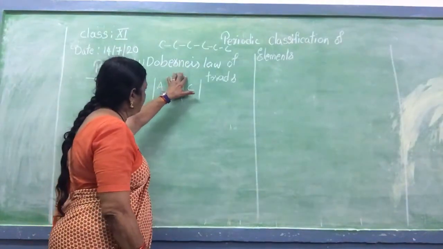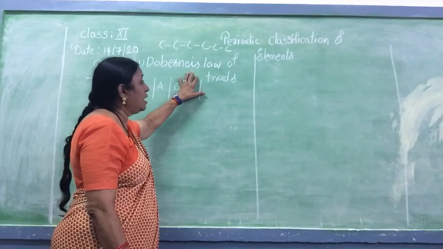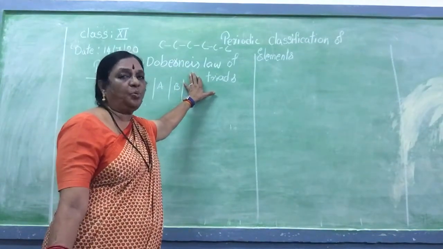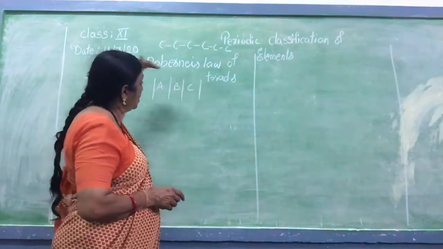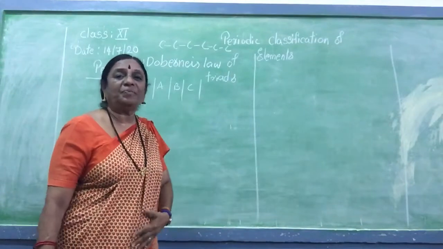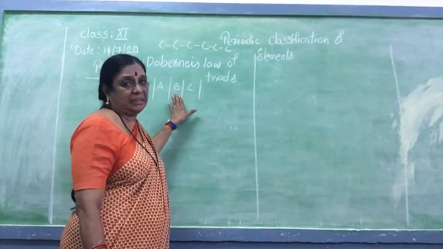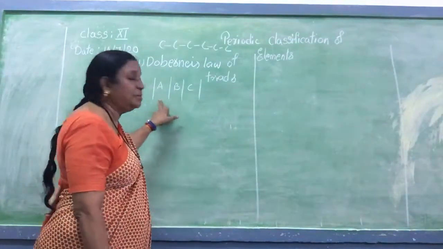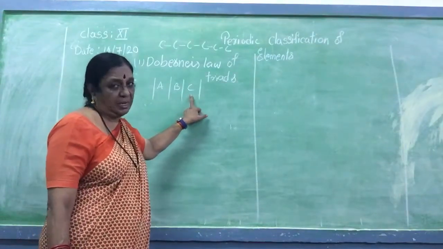According to him, when the elements are arranged in the increasing order of their atomic weight, the atomic weight of the middle element is the arithmetic mean of the first element and the last element.